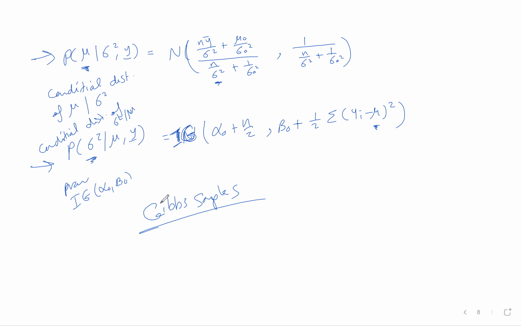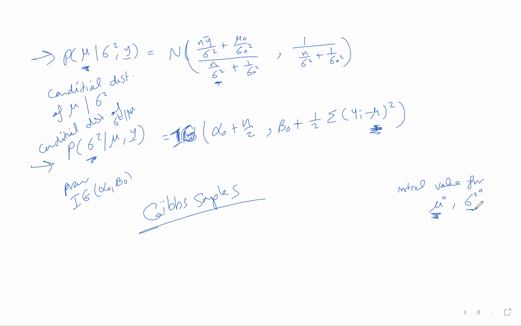What do I mean? Let's select initial values for mu, let's call it mu 0, and for sigma square, let's call it sigma square 0. You plug in this one in this one, and then you randomly select one value from the distribution of sigma square.